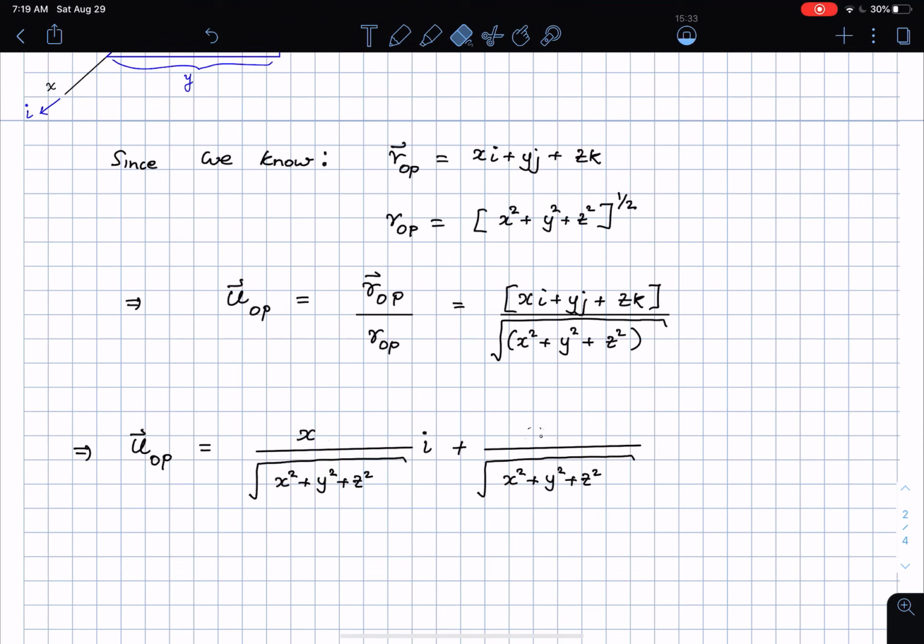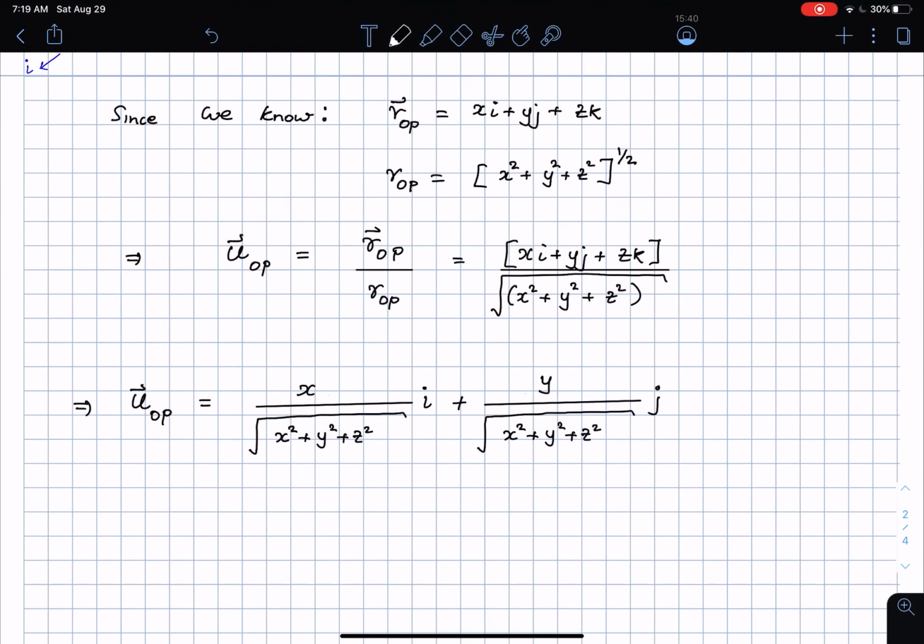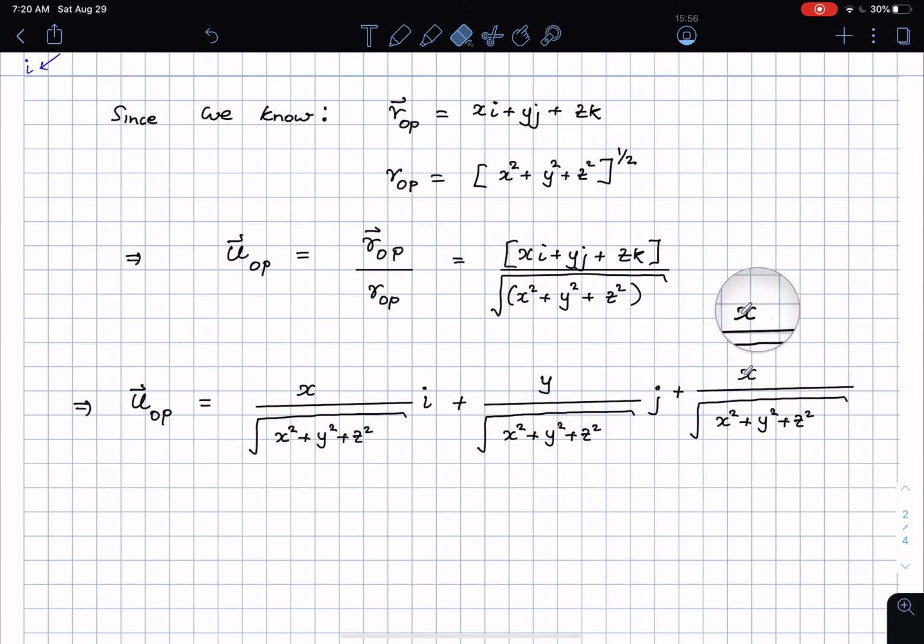So this is now going to be y in the j direction, and then plus z in the k direction. And so this is the entire unit vector.